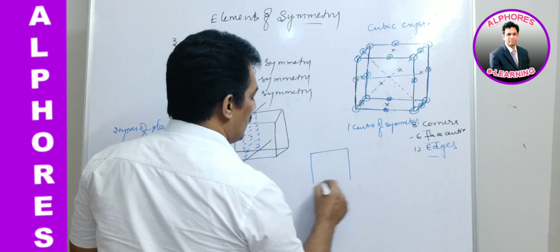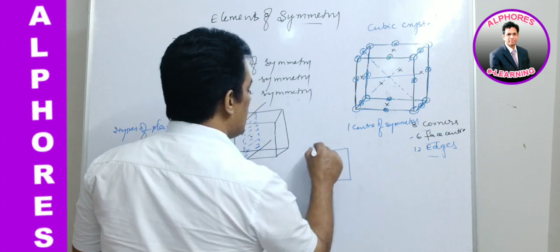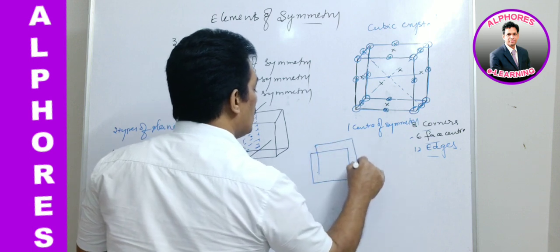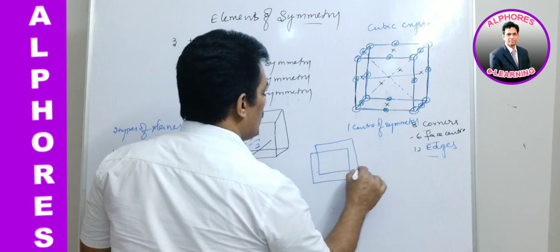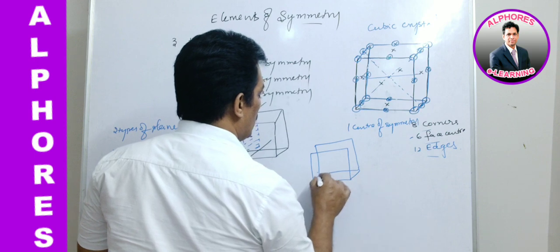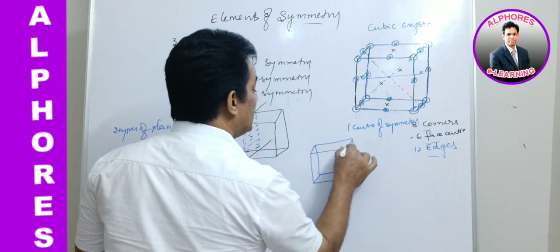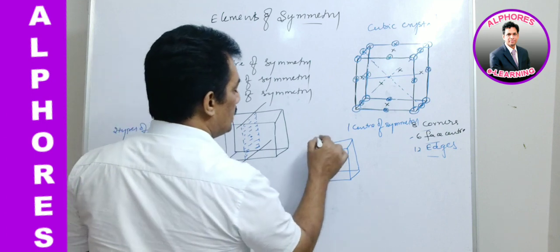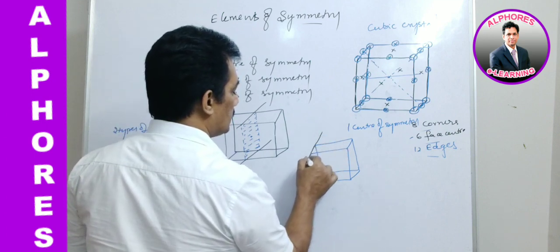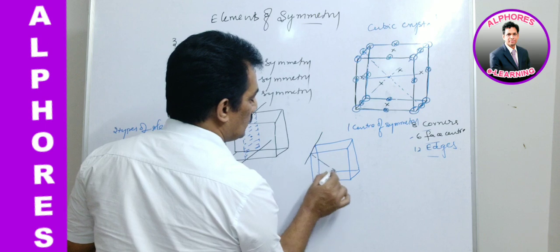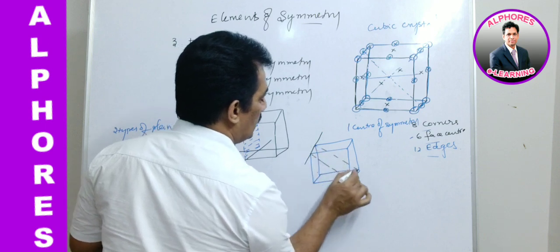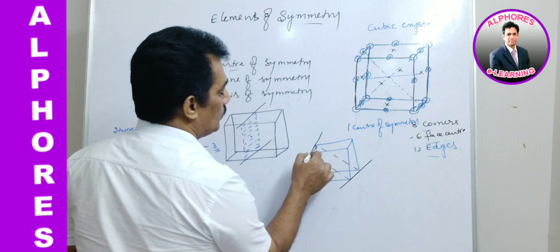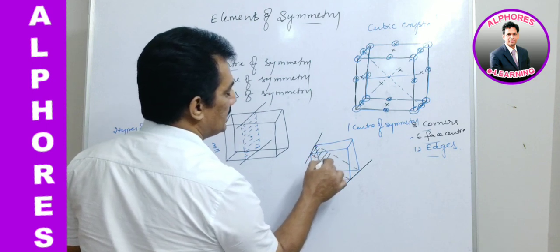When we make a plane that passes through the center body diagonally, remember, the body diagonal will cover two edges. Say, for example, here I am drawing that body diagonal cut. I am making the cut through this body diagonal, by taking these two edges.